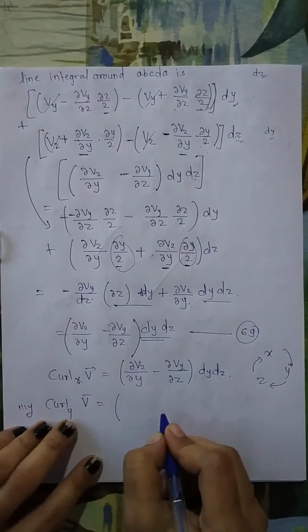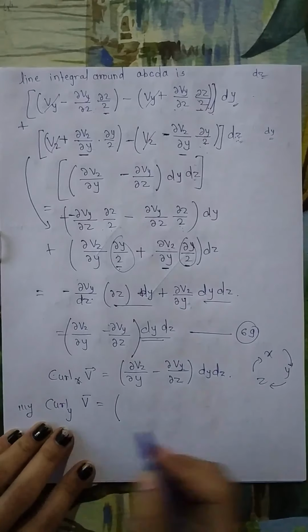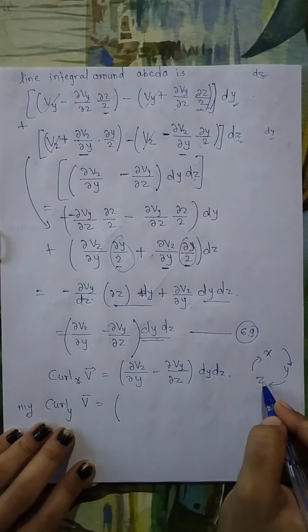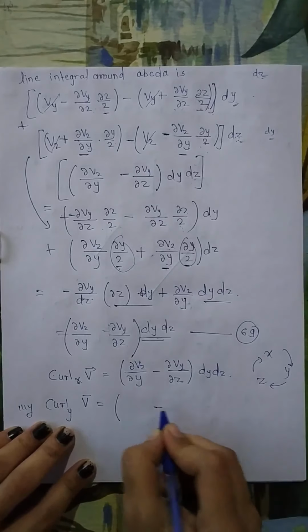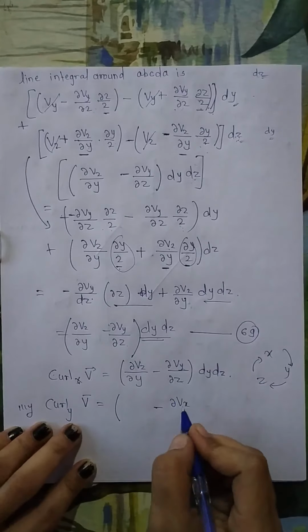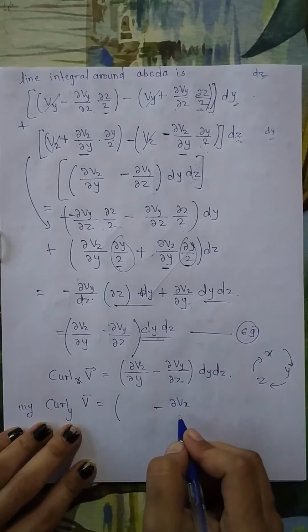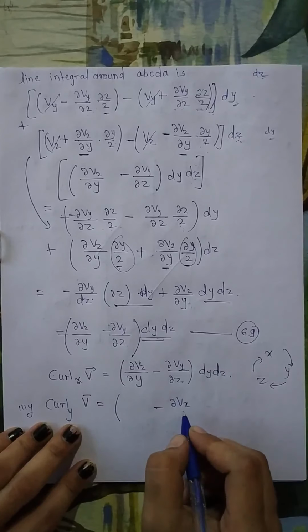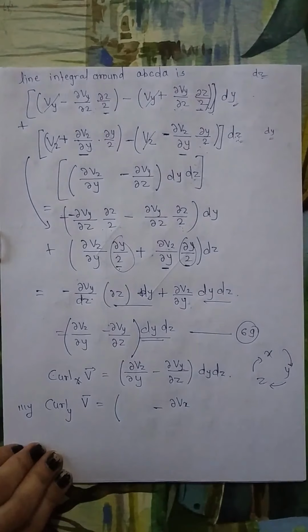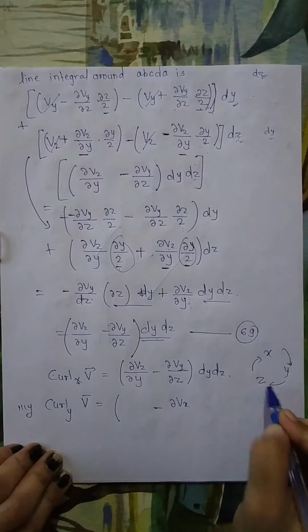Therefore, after y there comes z, but we will take first x, that is minus dou vx, and what is remaining now is, after y there is z.